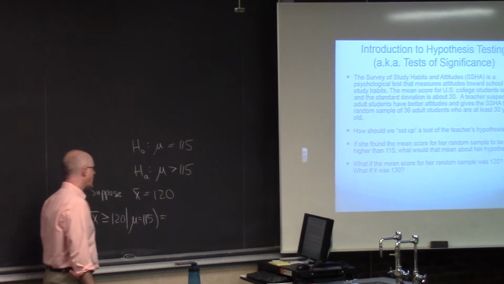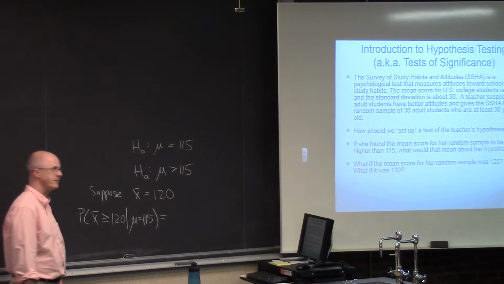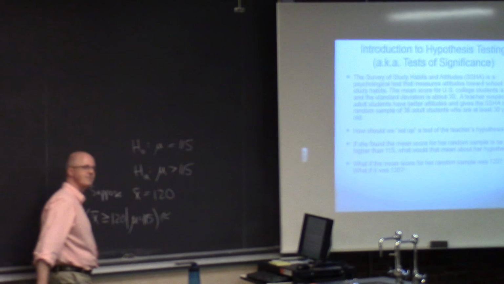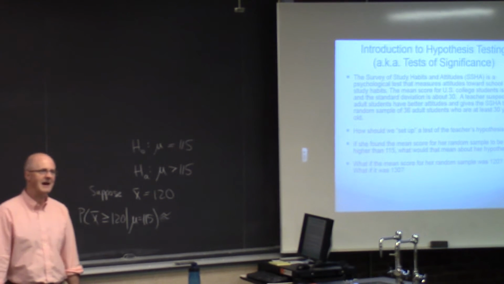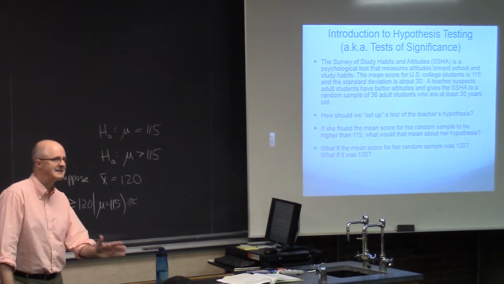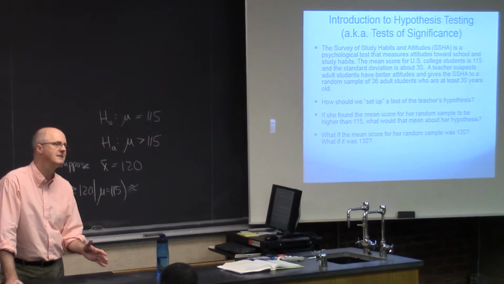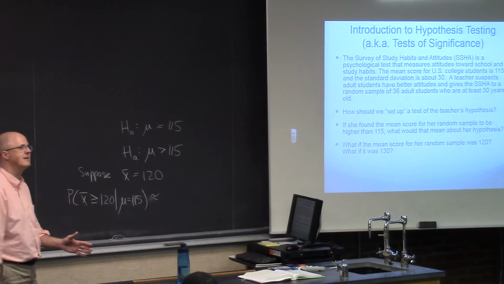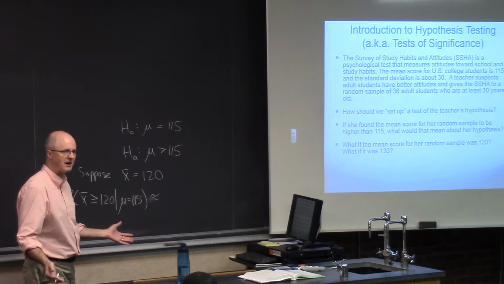How do you calculate the probability? You use the central limit theorem. I should really write an approximately equal to here. Again, in this class, there are so many approximately equal signs everywhere that that's something I'm not super picky about you writing. Just write an equal sign. In reality, pretty much everything's an approximation in this class.